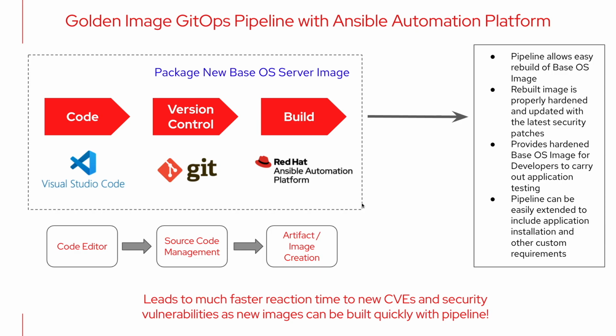This allows them to be able to test and validate their applications on up-to-date golden images and is aligned with the idea of DevSecOps, where security should be implemented earlier in the lifecycle following a shift-left approach so that it can have an outsized impact on improving security and minimizing the overall operational overhead that's required. And while the pipeline shown here is mainly used for golden image building, it can be easily extended to include continuous integration for applications as well as any other custom requirements or configurations.